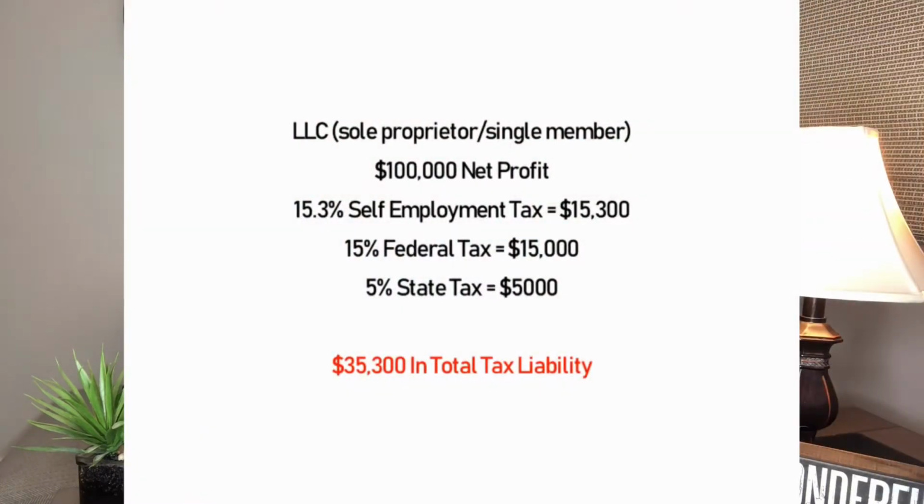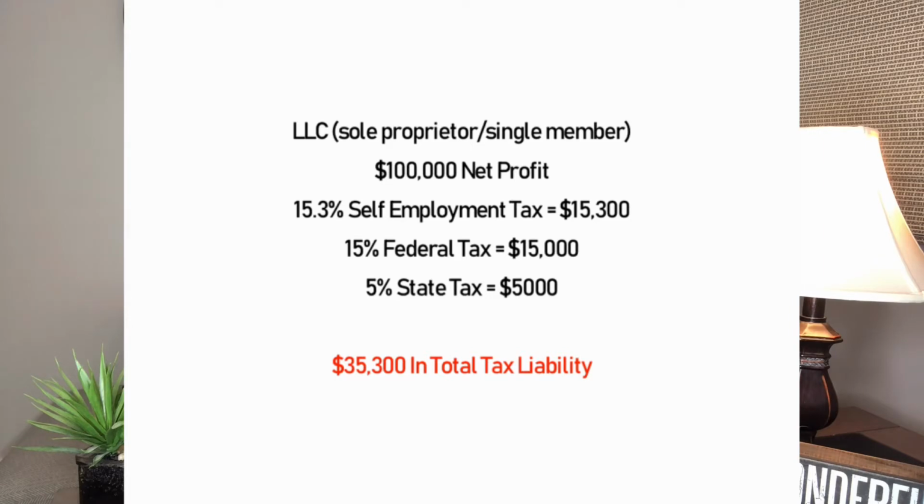So for $100,000 in income, we're going to take 15.3% of self-employment tax. We're going to take the state and federal taxes on top of that. So let's say you're in a combined tax bracket of 20%. You're going to be taking that $15,300 and adding it to the additional 20% state and federal taxes.